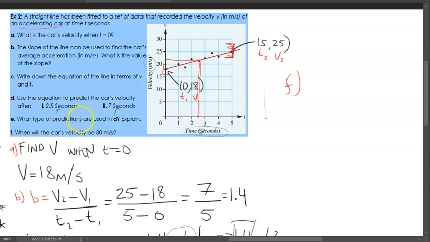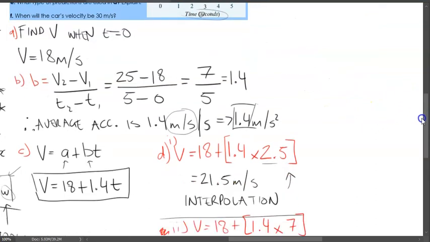Again, we're going beyond that predicted range, but right now we're trying to find t, which is our time frame, when our velocity v has been given to us as 30 meters per second.